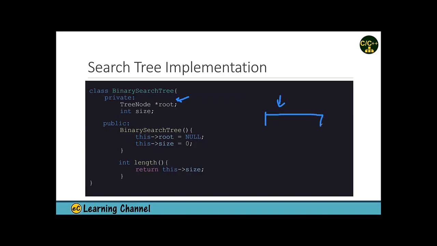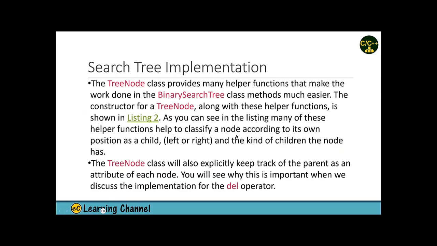The pointer points to a tree node, and then you also keep track of the size. Initially your root is null, size is 0.